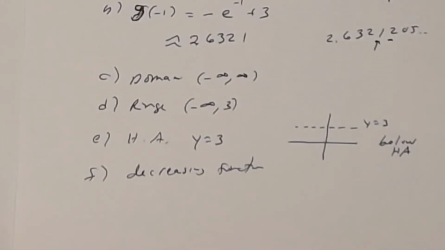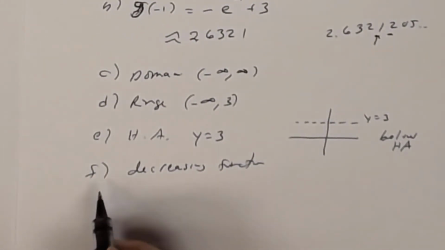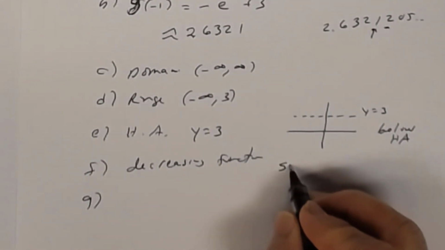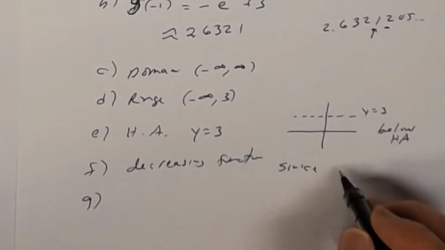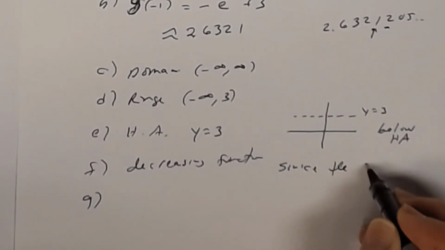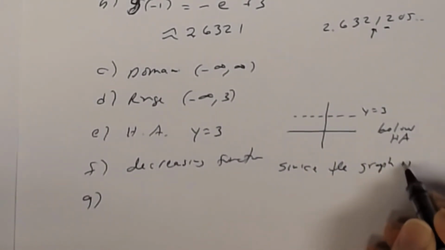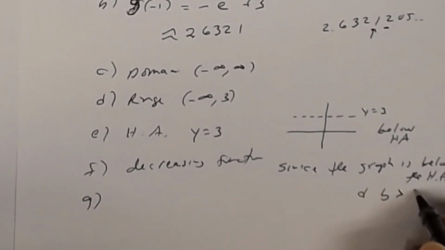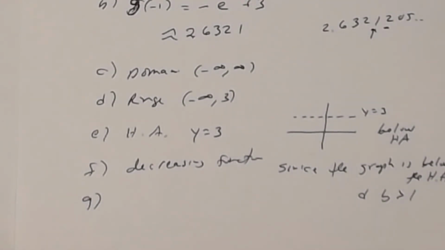Okay, so decreasing function, since the graph is below the horizontal asymptote and the base is greater than 1. Remember in our mind, this is what we have.